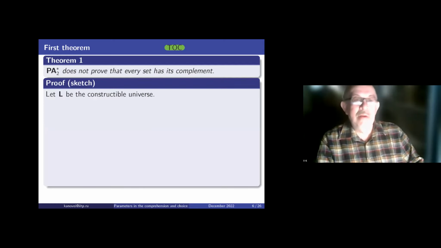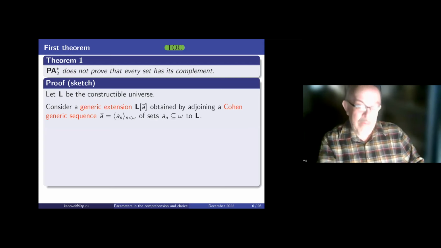This is actually a simple result and a simple model to prove this. So we begin with the constructible universe. The construction involves forcing. We consider a generic extension by adjoining a Cohen generic sequence of sets of integers.